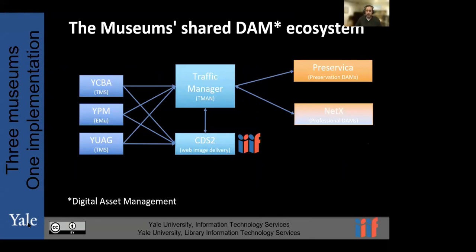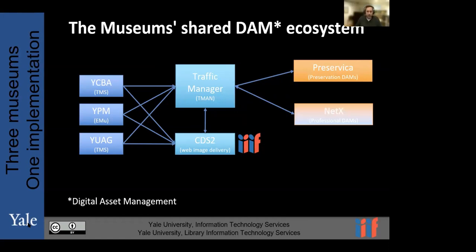The museums are responsible for pushing data and copies of the master images to something called Traffic Manager, or TMAN. TMAN is a custom workflow application which manages getting master images and metadata into Preservica, which is the preservation DAM, and 4K derivatives into NetX, which is used as a professional DAM and is accessed by curators, exhibition, and communication staff.